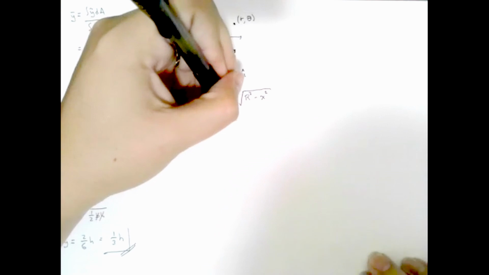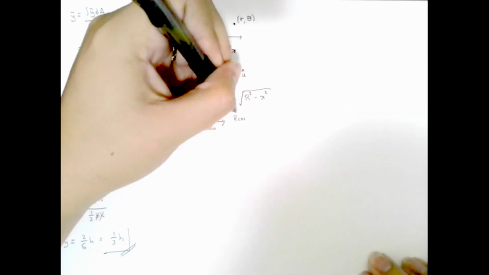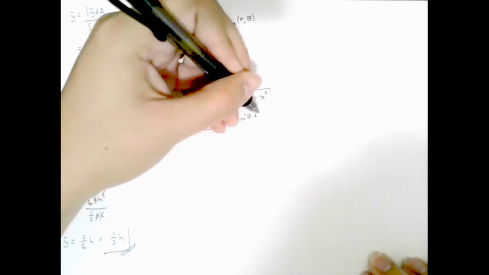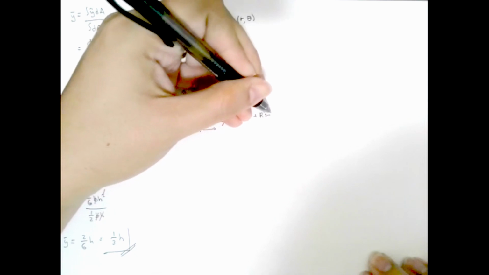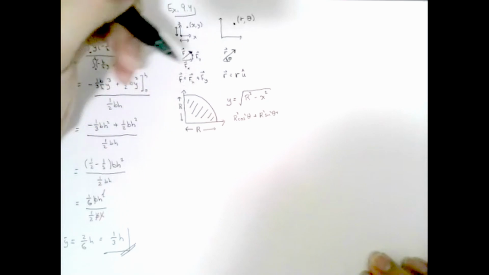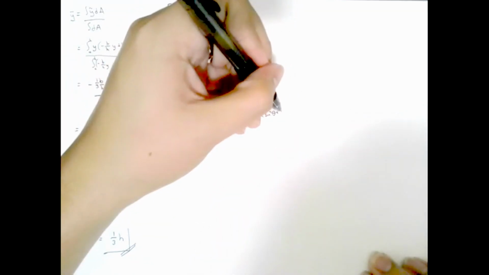Okay, I'm going to correct you just a little bit. I think what you mean is r squared cosine squared theta plus r squared sine squared theta equals just r squared, okay?